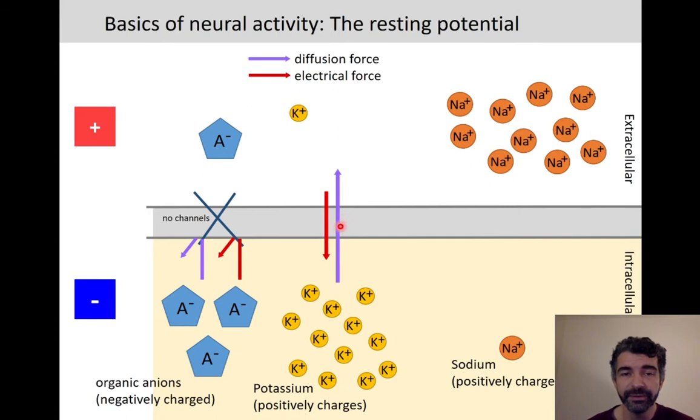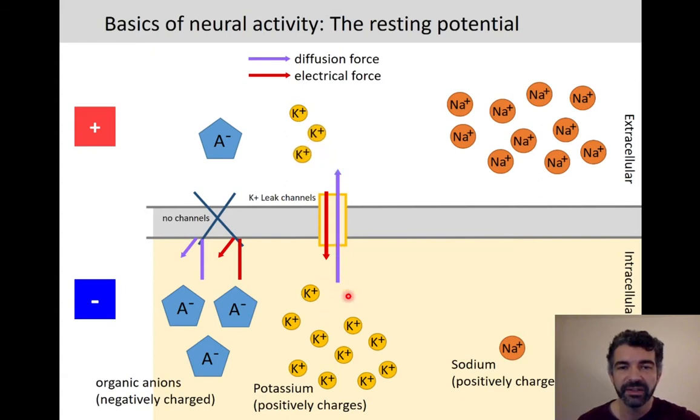So we have opposing forces here: diffusion force outside, electrical force inside. Because we have K+ potassium leak channels, they can actually go outside until they reach an equilibrium, which happens at minus 84 millivolts for K+. This means that at this point the two arrows are equally long, indicating that the diffusion force and electrical force are in line.